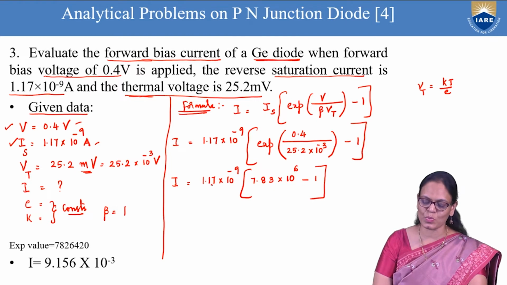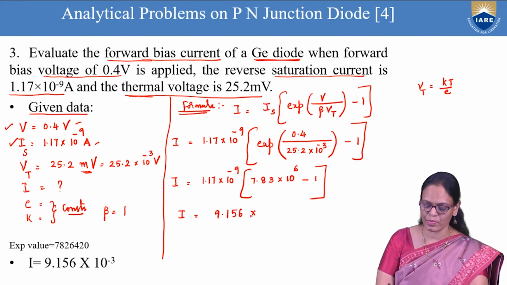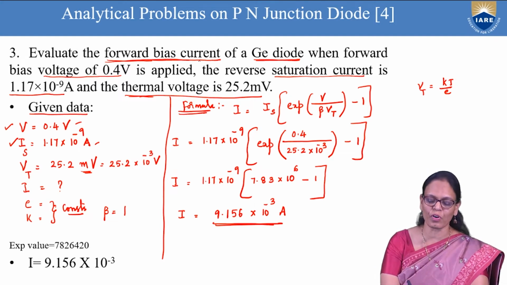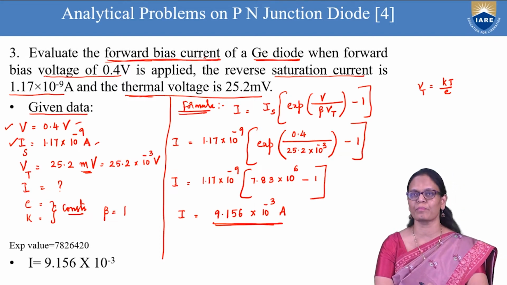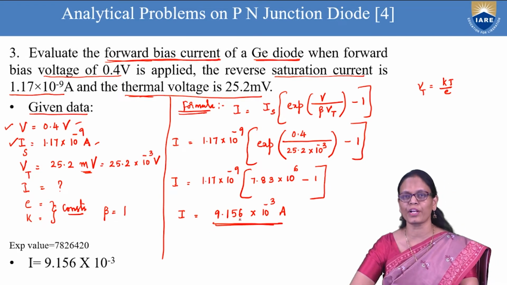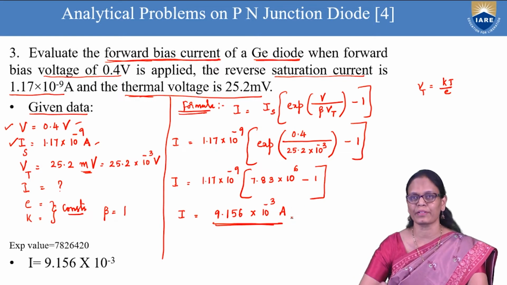Now you can subtract 1 and then multiply, and get the current as 9.156 into 10 power minus 3 ampere. So this is the value of current. We have to evaluate the forward bias current of a germanium diode. So the current flowing through the diode is given by 9.156 into 10 power minus 3 ampere.